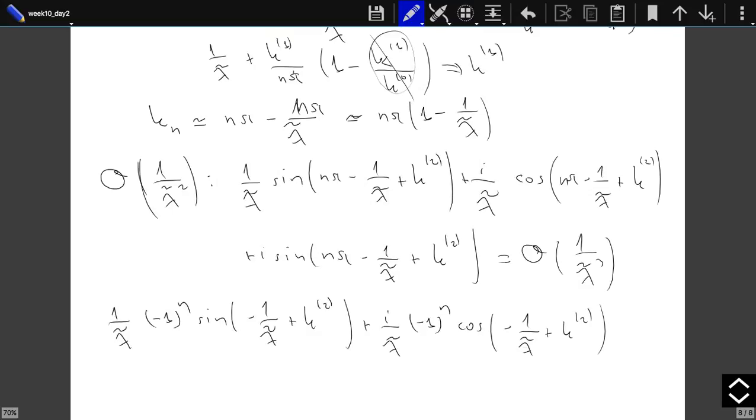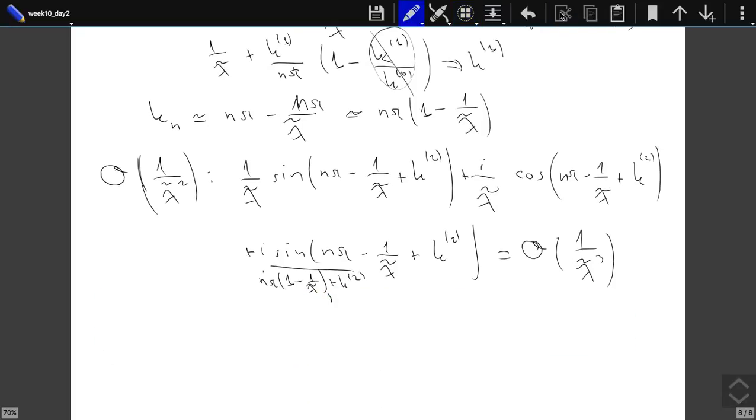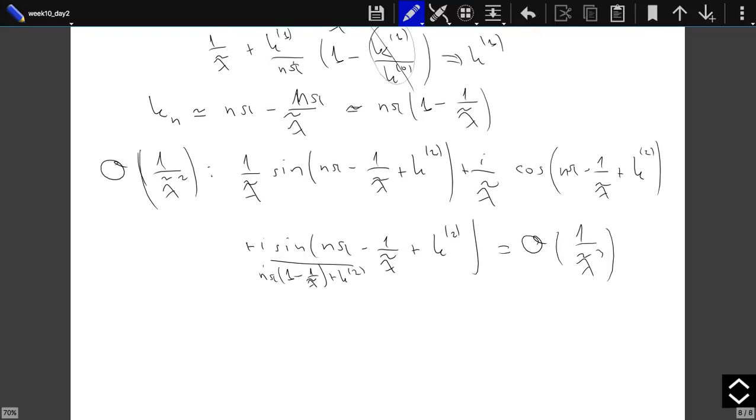Now here, let us also add k0 plus k1, or n pi times 1 minus lambda tilde plus k2. Okay, so this is the equation that we need to solve. And let me just rewrite it.